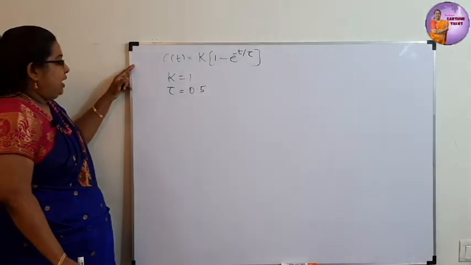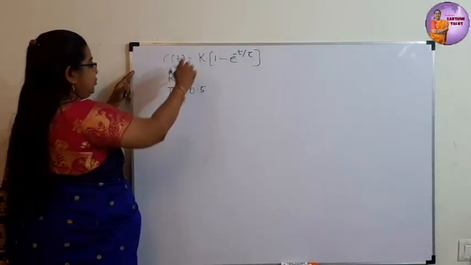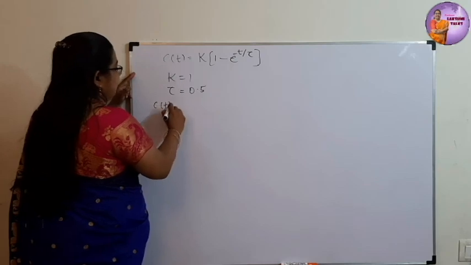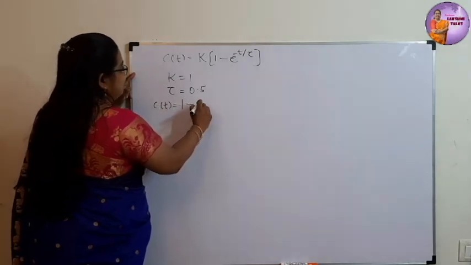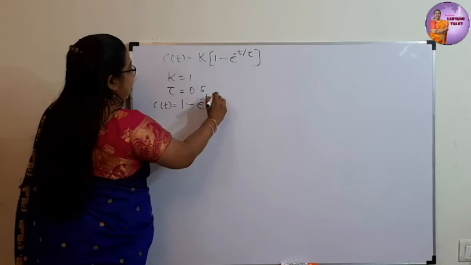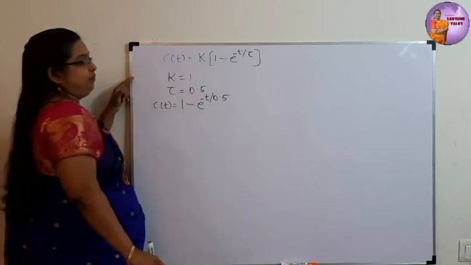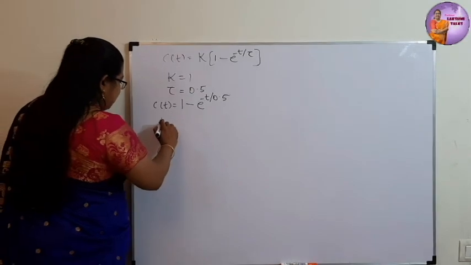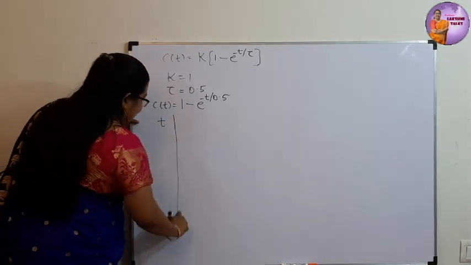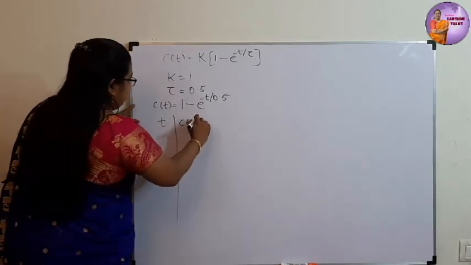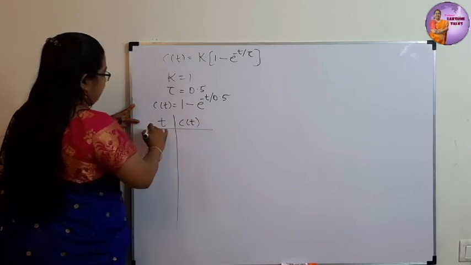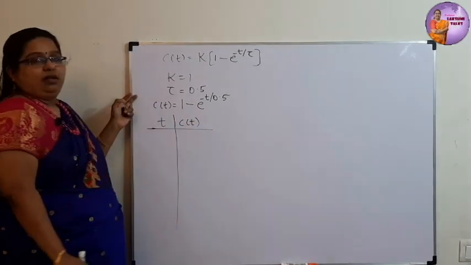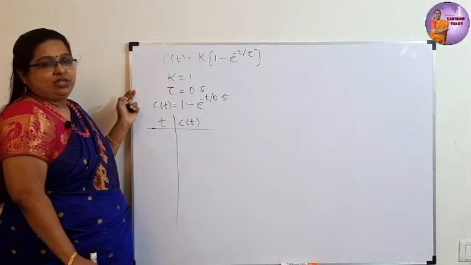Now let us substitute these. We get C of t is equal to 1 minus e power minus t by 0.5. To find out the response, we can find the various values of C of t for different time instants.